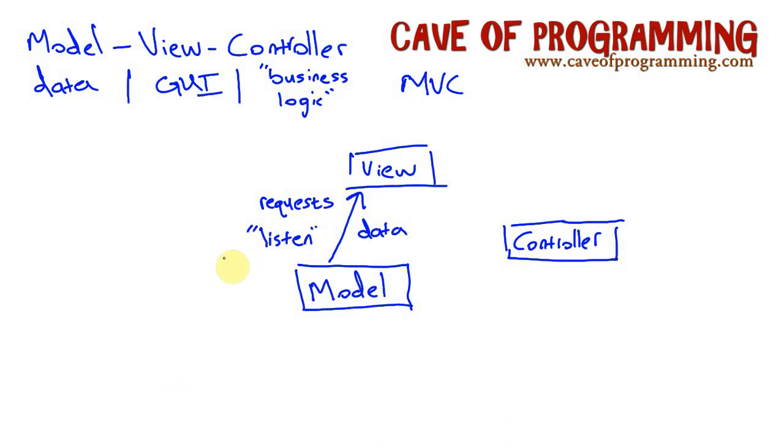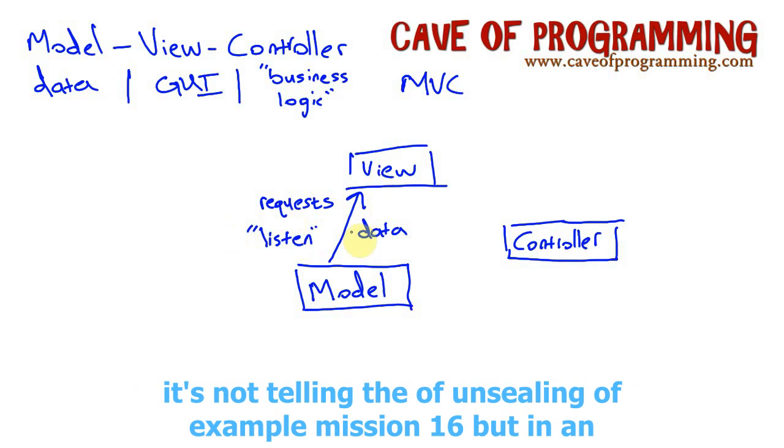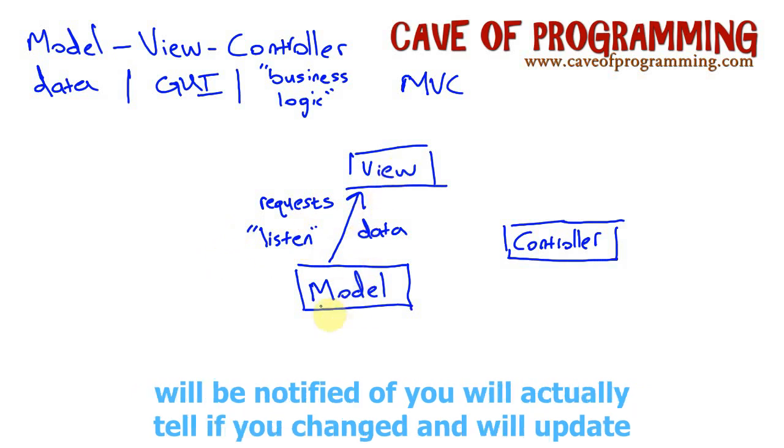And if you look at the Wikipedia page, which explains this stuff pretty well, it breaks it down by saying that in a passive interpretation of MVC, the view will make requests to the model. So the model is passive. It's not telling the view anything of its own volition, so to speak. But in an active interpretation, the view is listening to the model, which means that the model will notify the view.